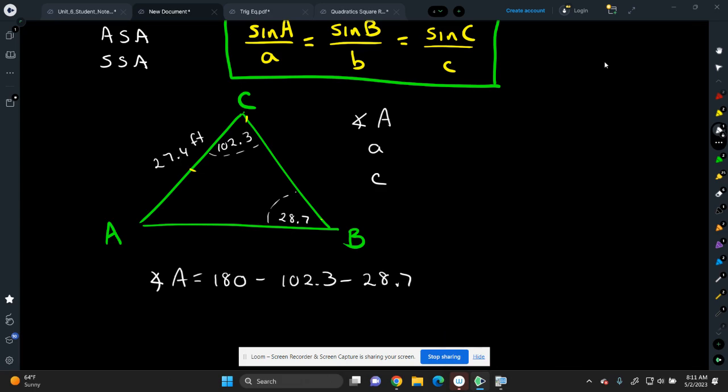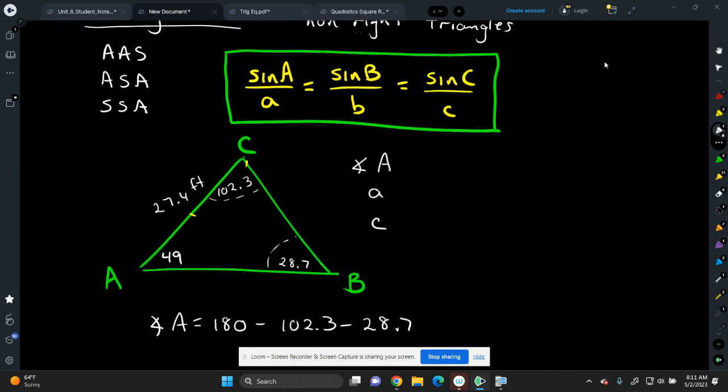And what do we get? 49. Good. So angle A is 49 degrees.